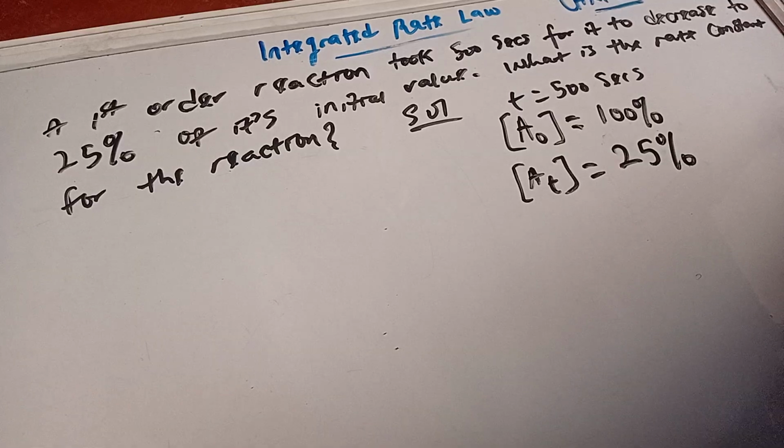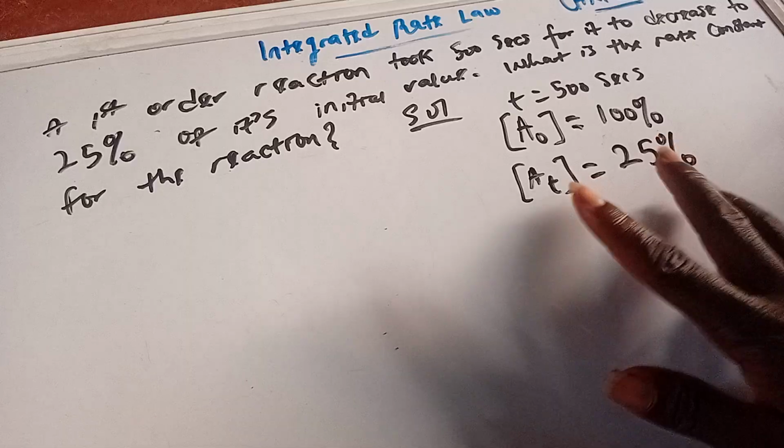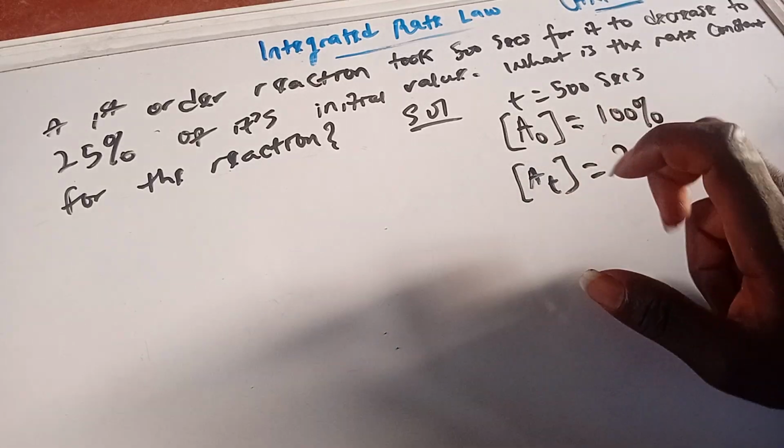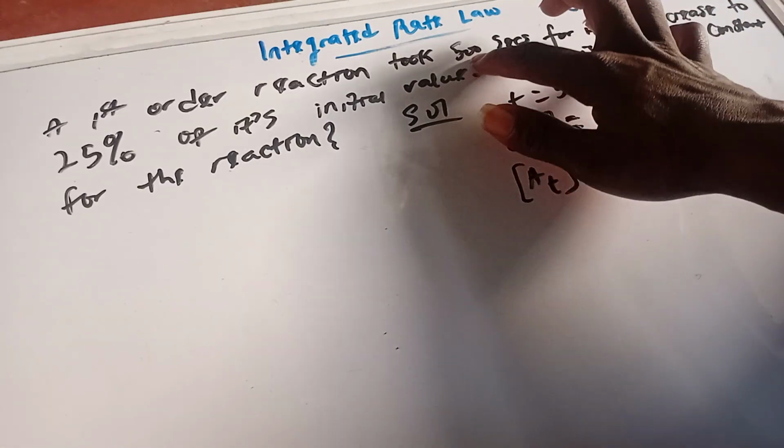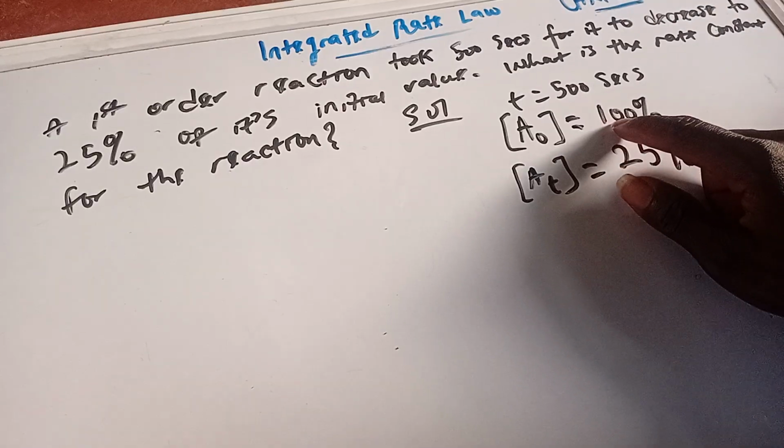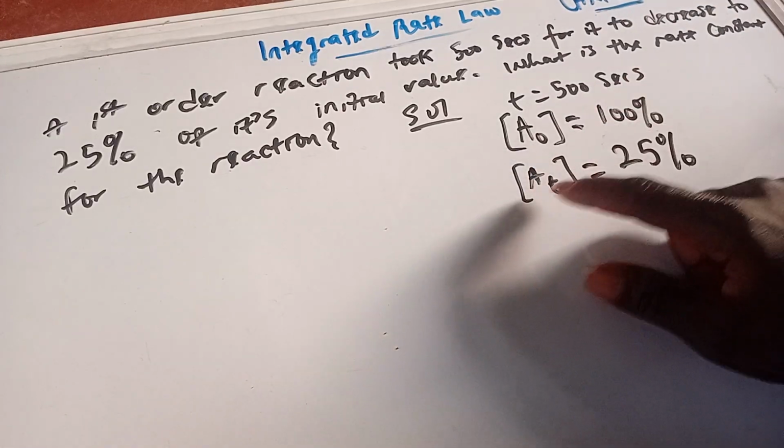A first order reaction took, now let's understand the question very well. A first order reaction took 500 seconds for it to decrease to 25% of its initial value. Now this is it. Initial value is 100%. At a time of 500 seconds, this concentration already decreased.